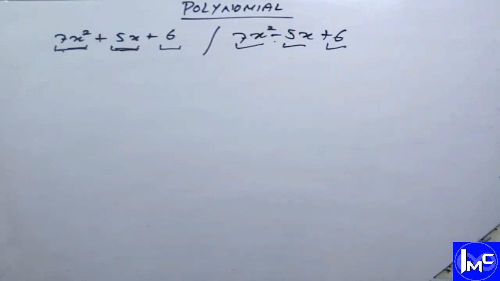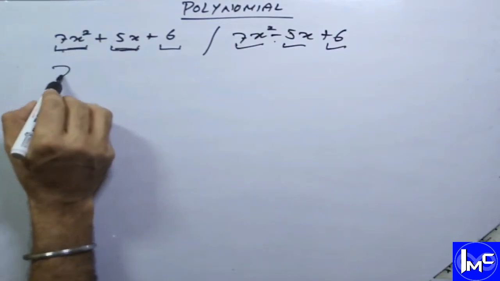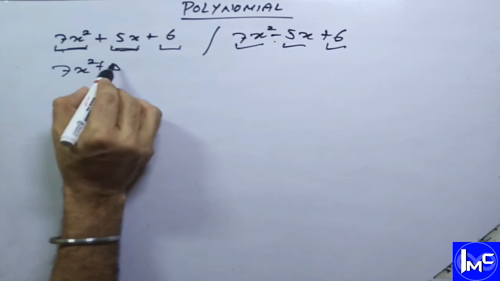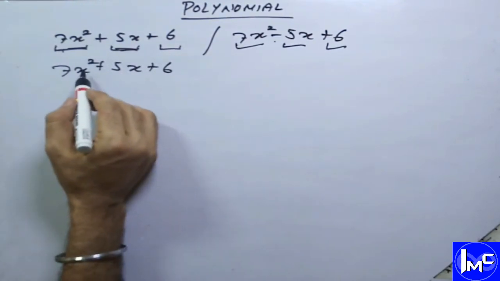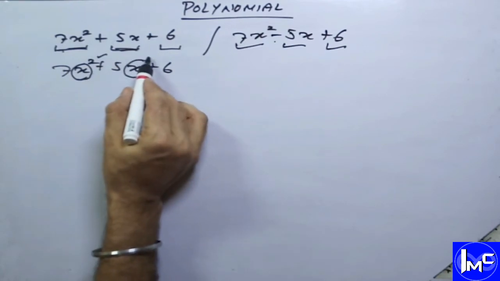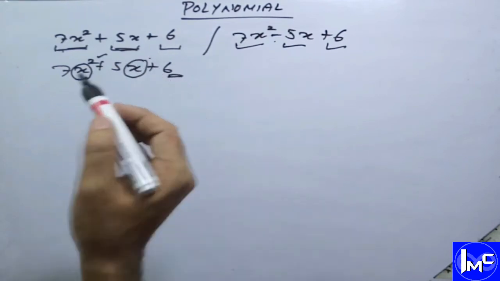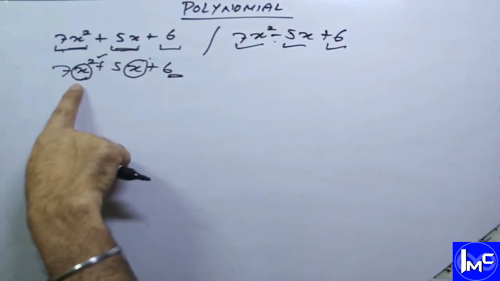Further, degree. If we take any polynomial like 7x square plus 5x plus 6, you can see here the power of variable is 2 and here the power of variable is 1. Here we can't see any variable, it is a constant term. The highest power of a polynomial is called the order or degree of a polynomial.